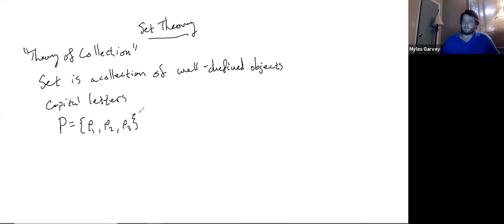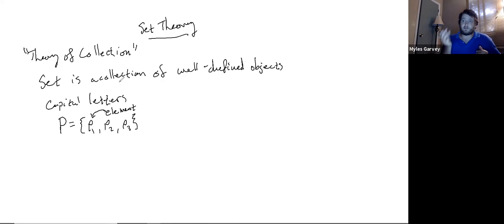The way that we indicate a pillow is through the use of what we refer to as an element. An element is nothing more than a unique object I'm referring to.